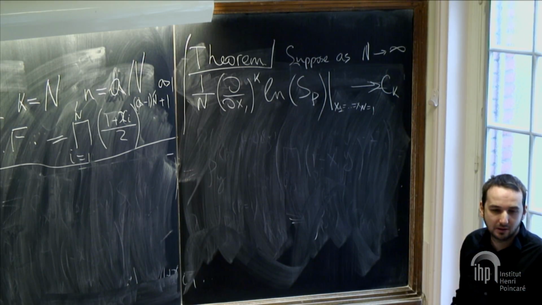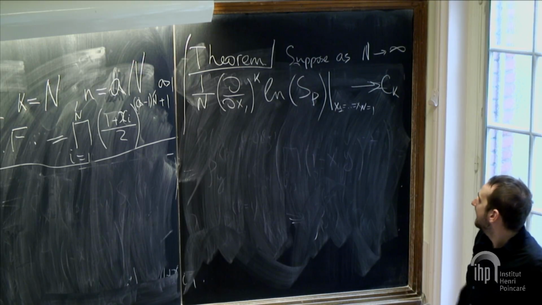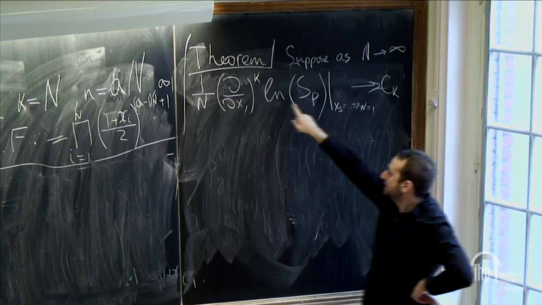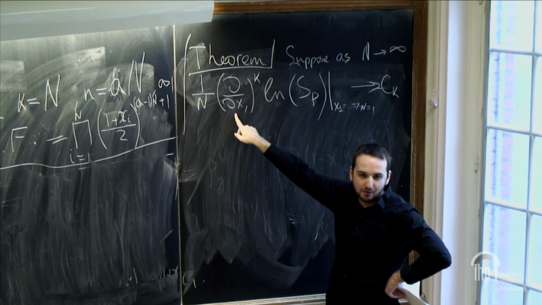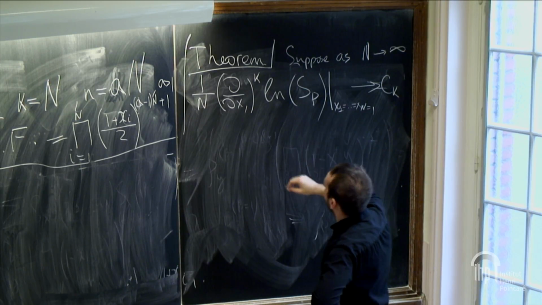Just one derivative? Yes, so this is a function in n variables, and you differentiate it only with respect to the first variable. Yes, and this should hold for each k.